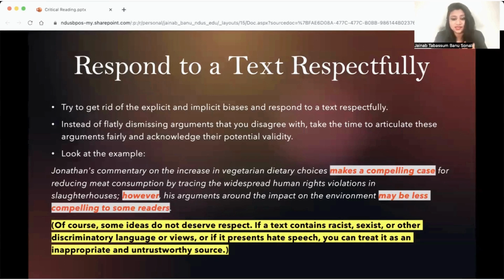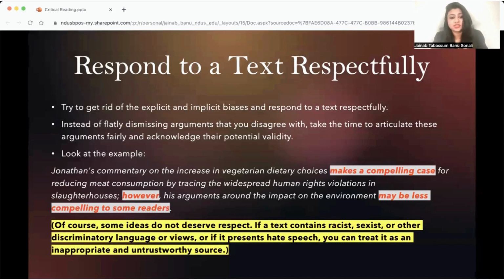You can just look at this example. I have also highlighted the phrases that you may use. For example, Jonathan's commentary on the increase in vegetarian dietary choices makes a compelling case for reducing meat consumption by tracing the widespread human rights violations in slaughterhouses. However, his arguments around the impact on the environment may be less compelling to some readers.